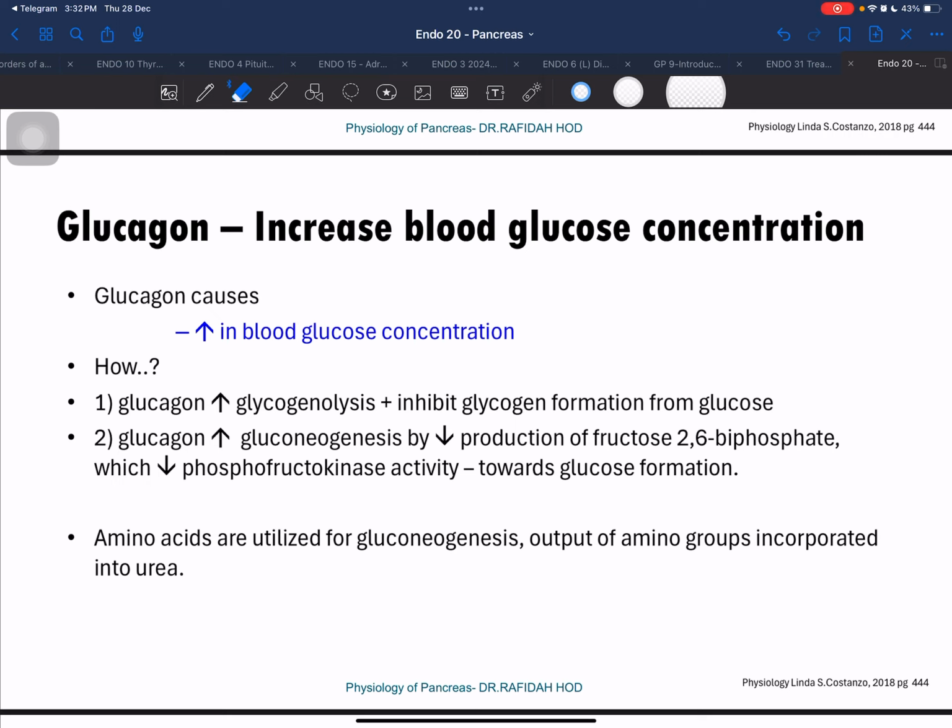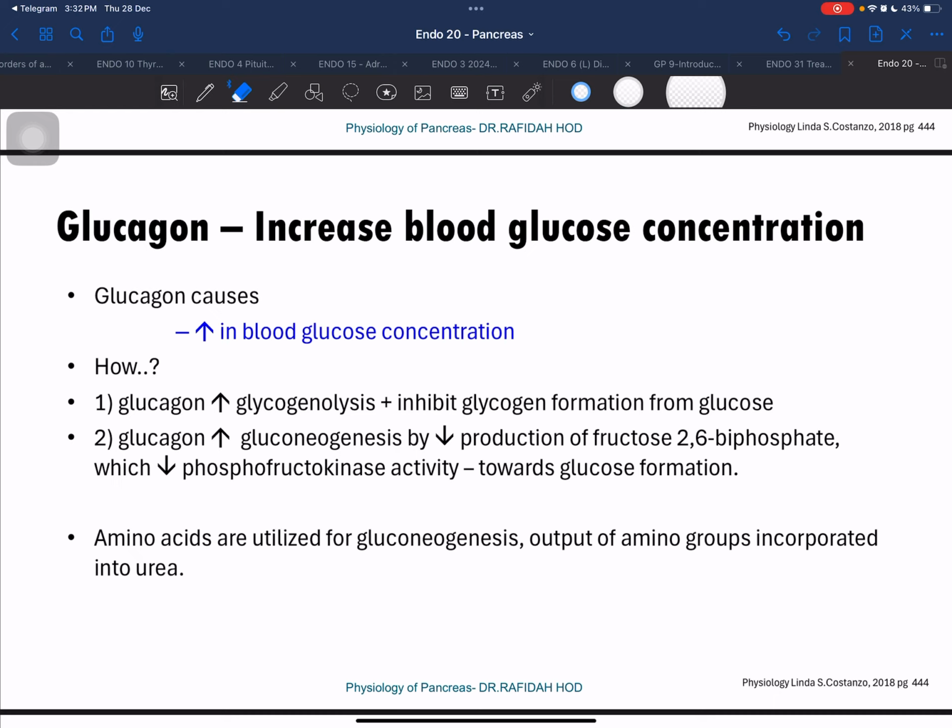You have high circulating levels of fatty acids bila ada glucagon secreted ni. So in adipose tissue, it's quite simple kan, sebab dia explanation is always the same. So as long as you know glucagon tu dia punya ending dia apa, then you can actually explain all the other metabolic processes.